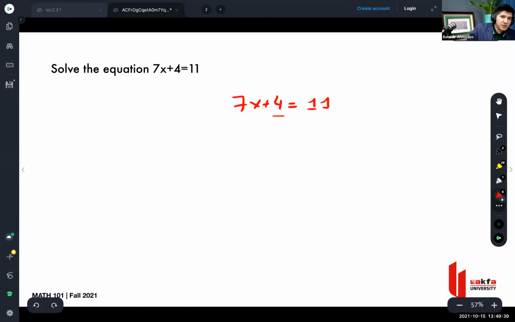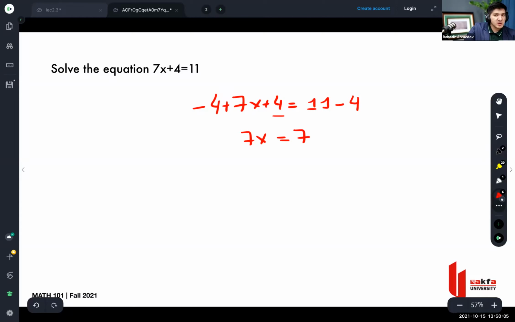What I have to do to get rid of this 4 is subtract the 4 from here, right? But since I'm subtracting the 4 from the left-hand side of this equation, I have to do the same thing with the right-hand side. So I'm going to subtract the 4 from here as well. Then on the left-hand side, I will have 7x because minus 4 and plus 4 eliminate each other. On the right-hand side, I've got 7.